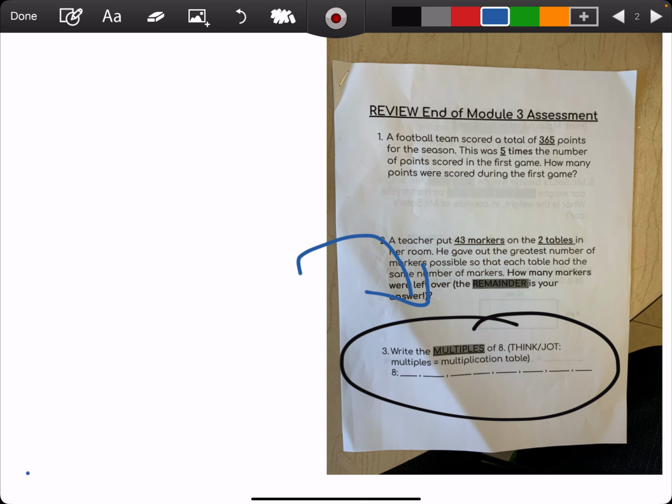Now, you are going to start with 8, okay? So the 8 is going to go down. I know sometimes we think it already listed 8, but 8 is the first multiple.